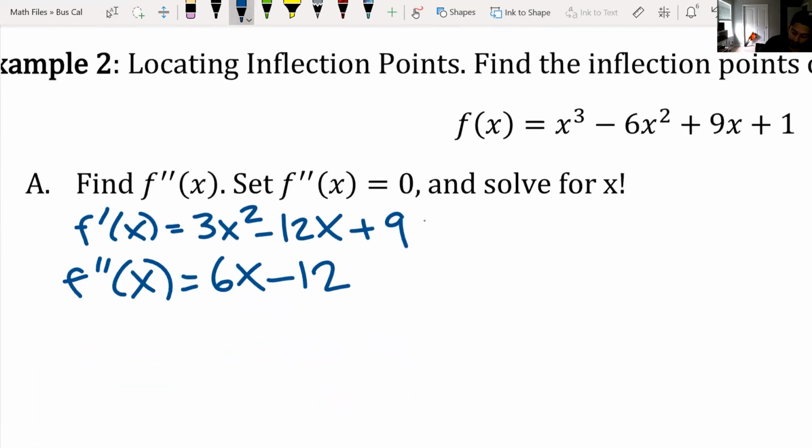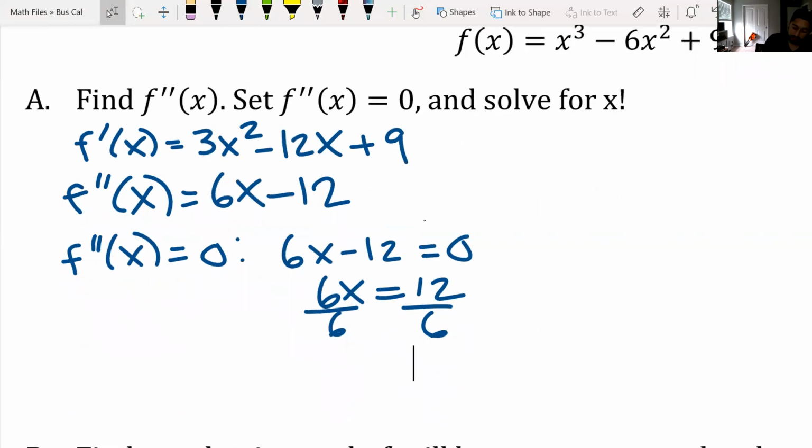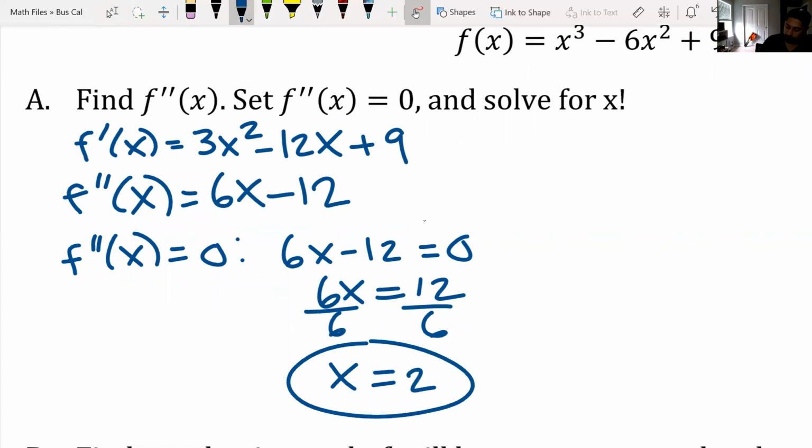After we get the second derivative, set it equal to 0 and solve for x. We get 6x minus 12 equal to 0. 6x equals 12. Divide by 6, divide by 6. And x equals 2. This is my inflection point.